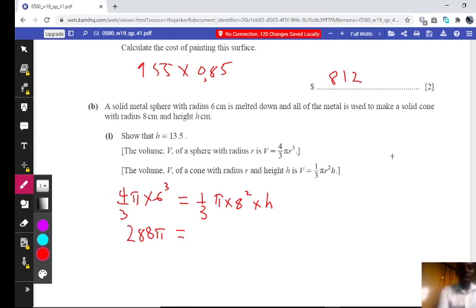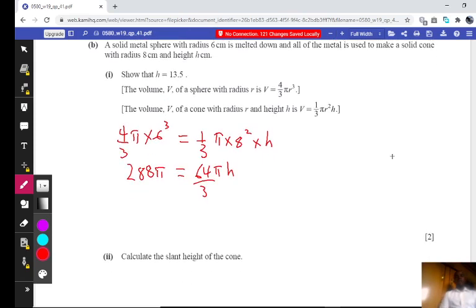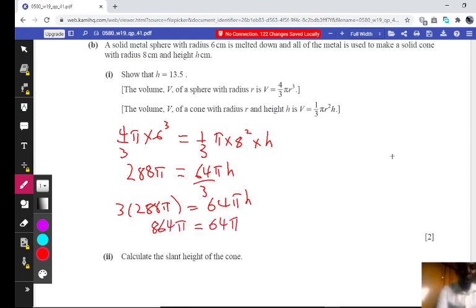Then here, this one will be 64 pi h over 3. Right. You want to get rid of 3, what do you do? You multiply both sides by 3, which means 288 pi is equal to 64 pi h. If you multiply 288 by 3, you get 864. 864 pi is equal to 64 pi h.